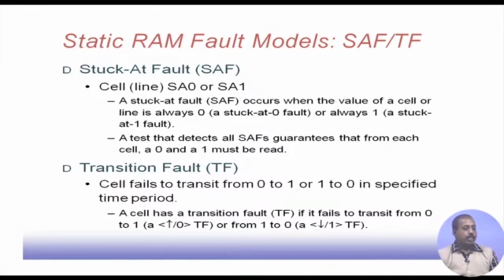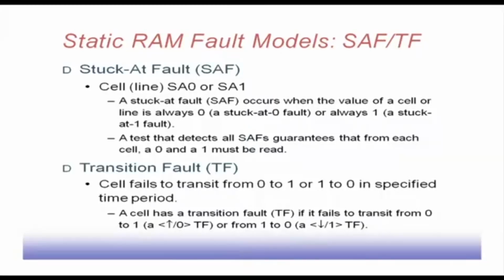A test that detects all stuck-at faults guarantees that from each cell a 0 and a 1 must be read. So, if we are generating a set of test patterns that can detect all stuck-at faults, then every cell must read a 0 and read a 1. The test patterns must ensure that.